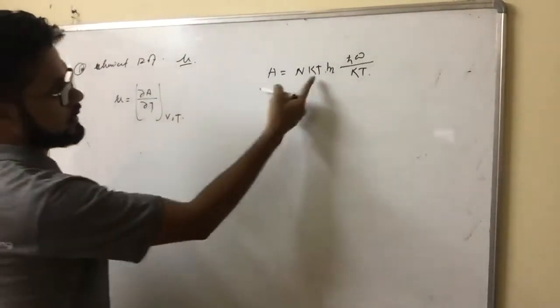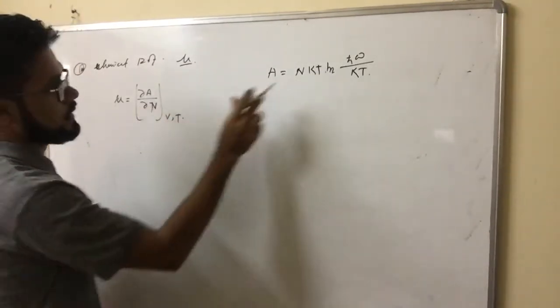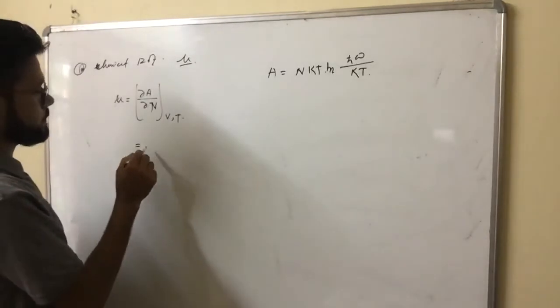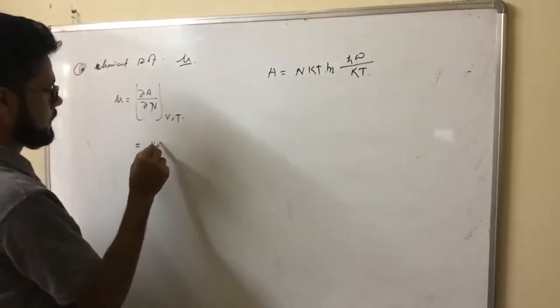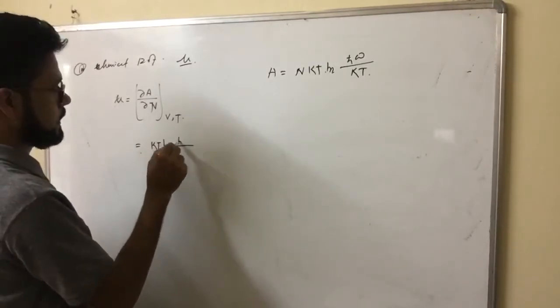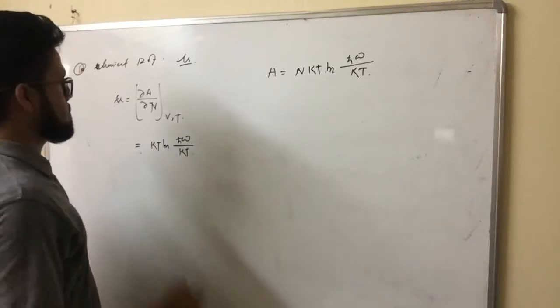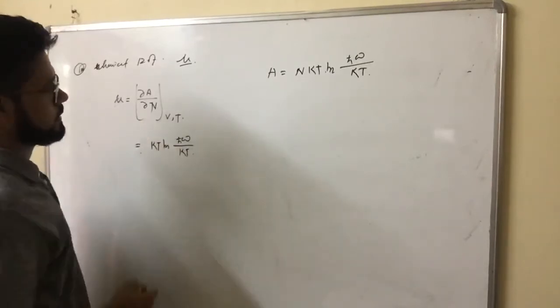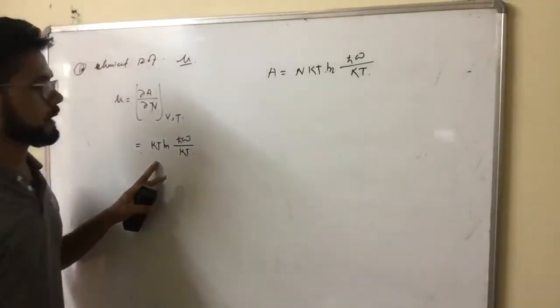T is constant. First term will be kT ln(h cos omega by kT), right? All other terms are constant, only one term. So this is the chemical potential.